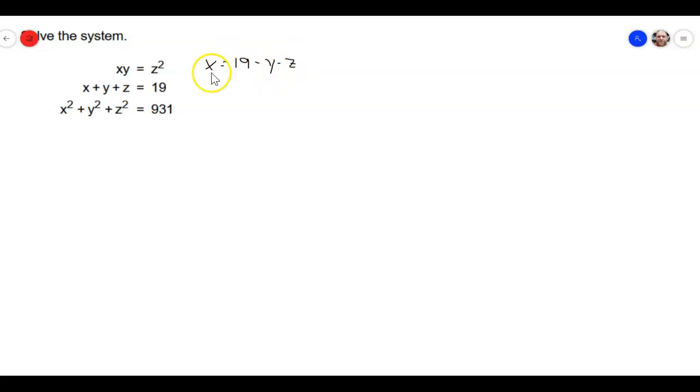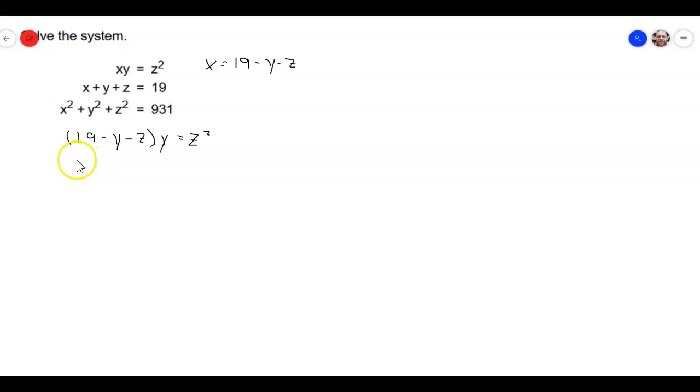So I'm going to use this in order to make an equation here. I'm going to replace that x with 19 minus y minus z. So 19 minus y minus z times y is equal to z squared.